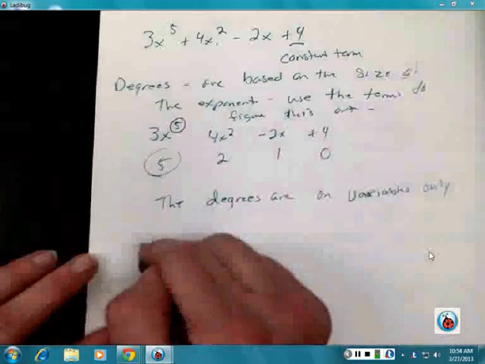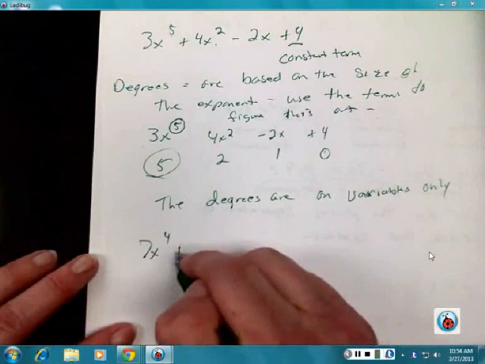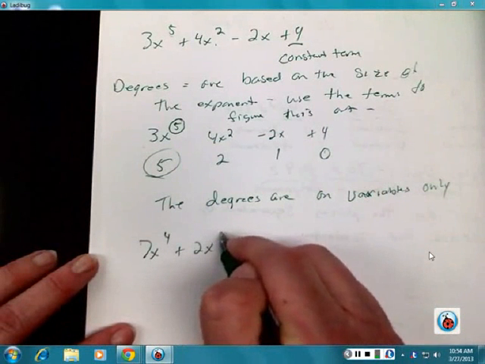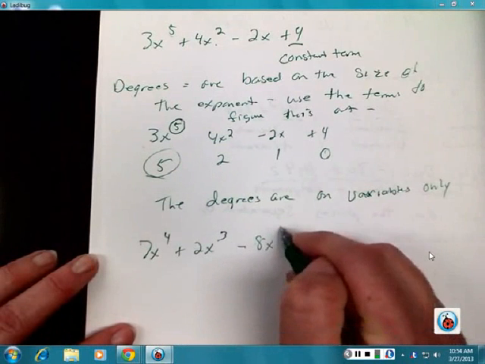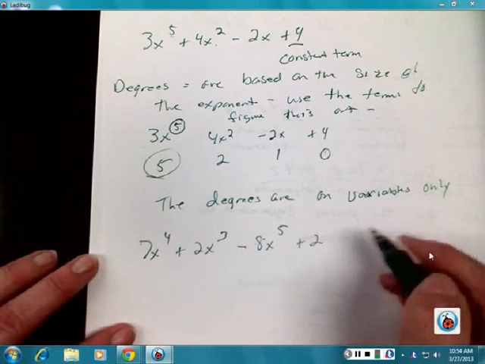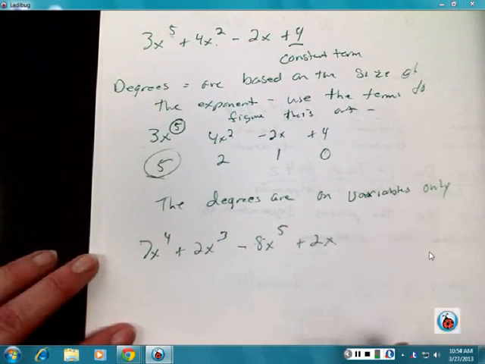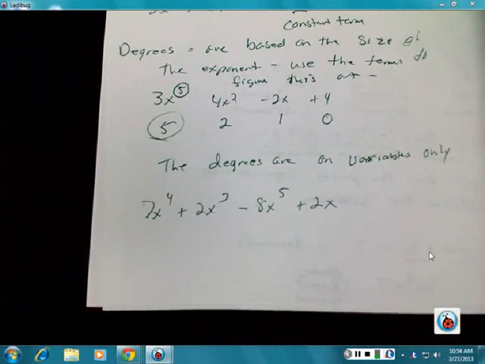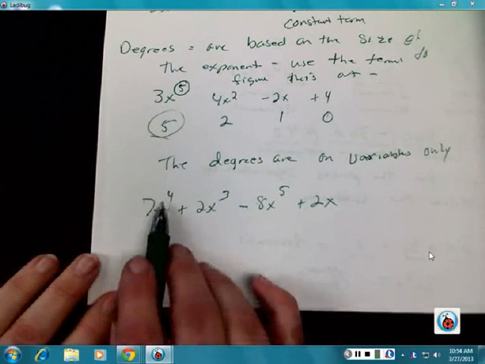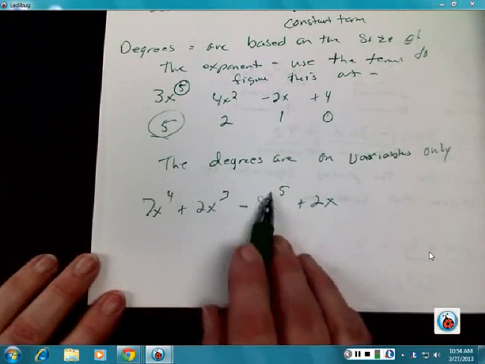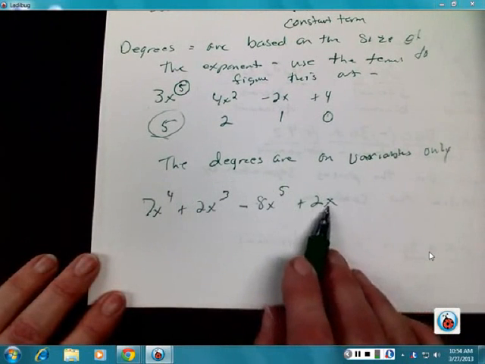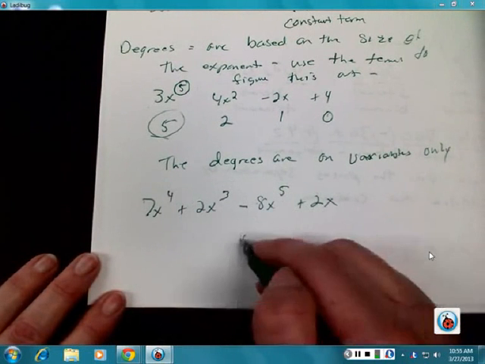So if we had 7x to the 4th plus 2x to the 3rd minus 8x to the 5th plus 2x, what is the highest degree in this polynomial? This one's a 4, this one's a 3, this one's a 5, this one's a 1, so the highest degree is 5.